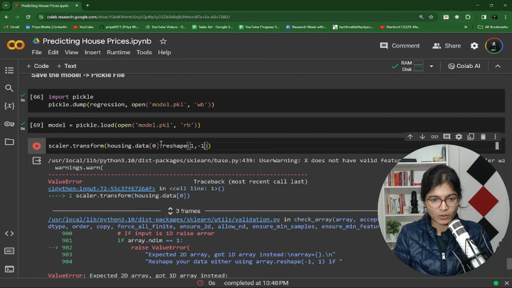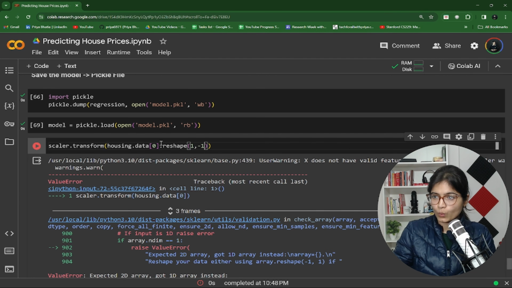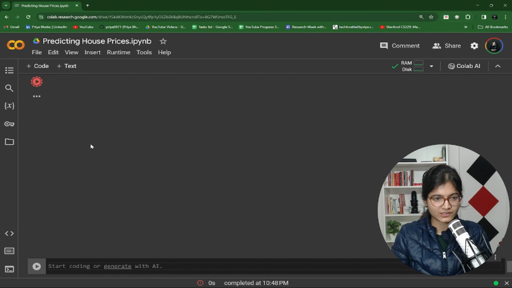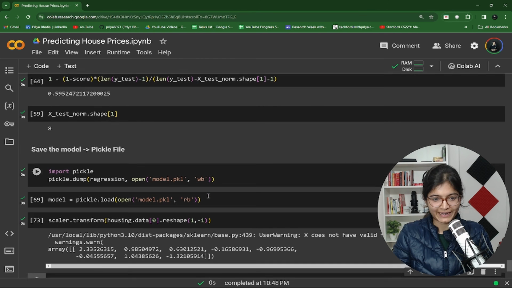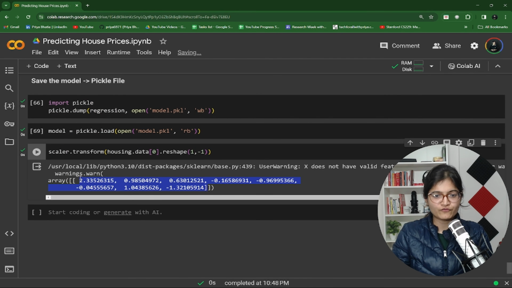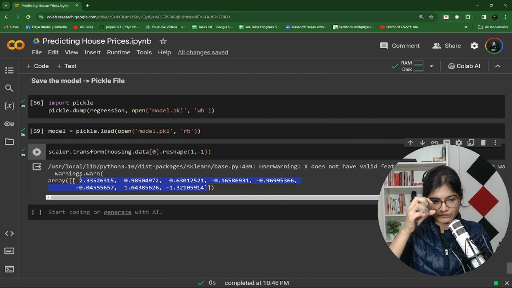So it will be 1 comma minus 1. Once you transform, let me just check how the data looks. Can you see? Now it is in the format that we want. If you observe, whatever values we want are in the specific range. It's not that population has a very high range.